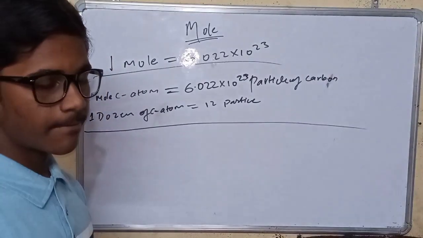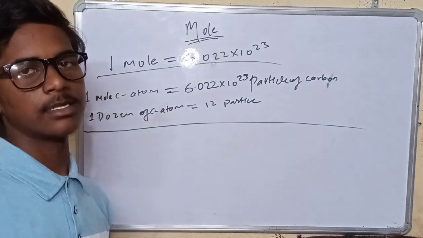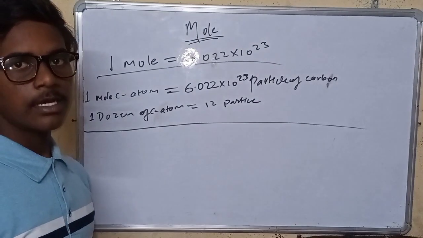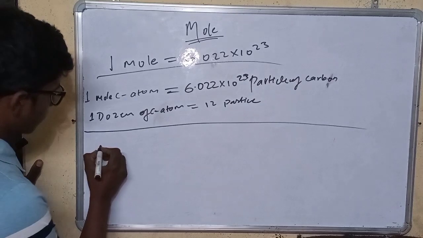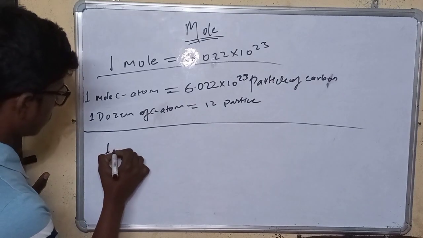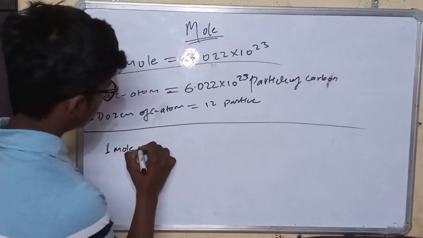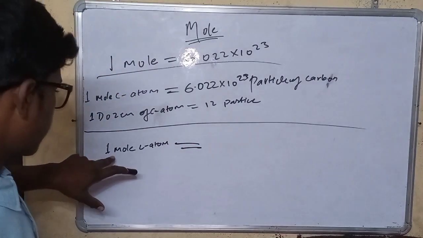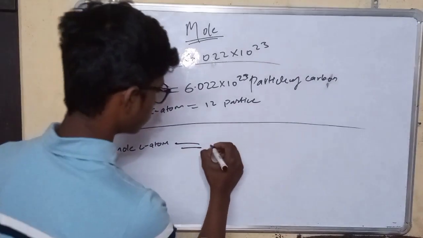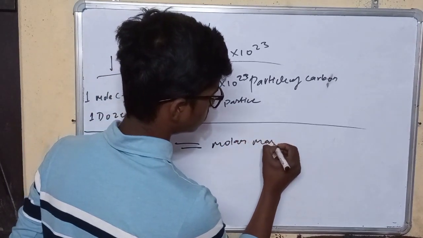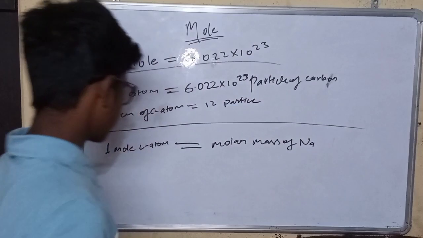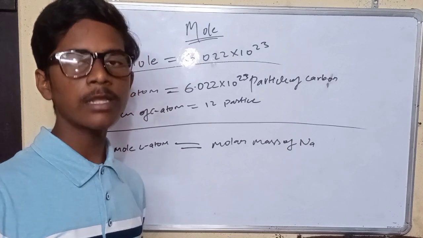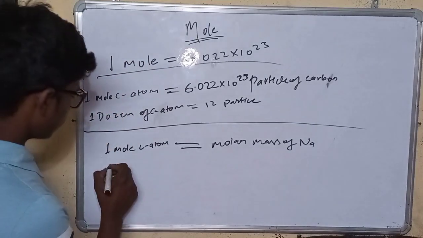What I said is, the mass of 1 mole of any particle is equal to the molar mass of that compound or atom. For example, 1 mole of carbon atoms, its mass is equal to the molar mass of carbon.